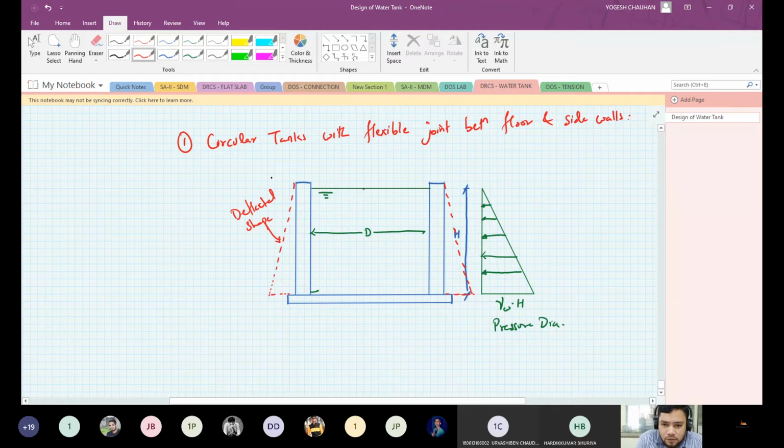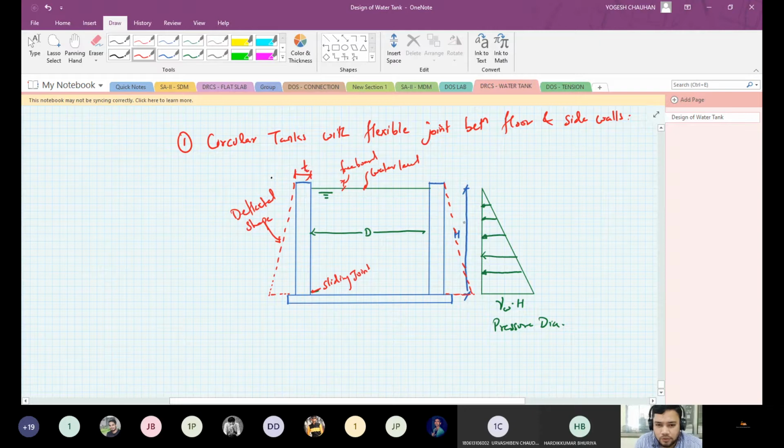This is the water level, and this is the freeboard. Here the sliding joint is provided, and the thickness of the wall is, let us say, T.